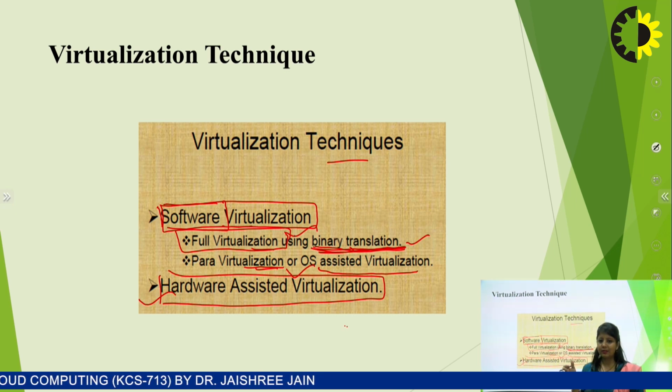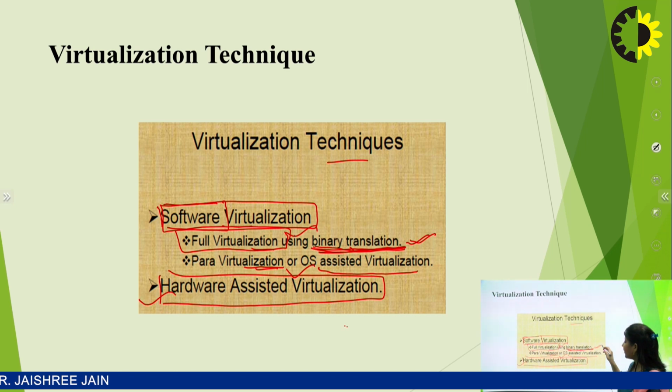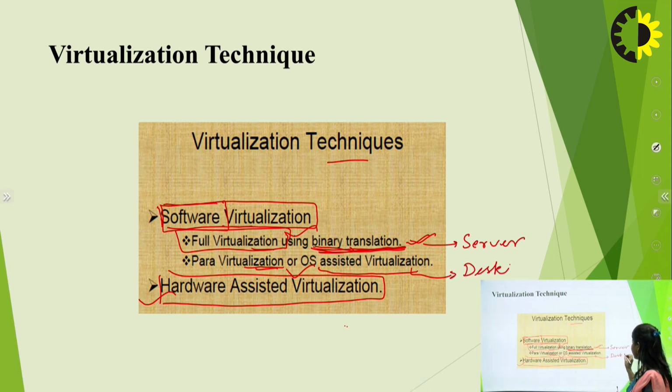If we have 8 virtual machines, VM1 to VM8, they can run in an isolated manner. This is used in case of server virtualization, and that is used in case of desktop virtualization. So that depends on which kind of service we are going to use.